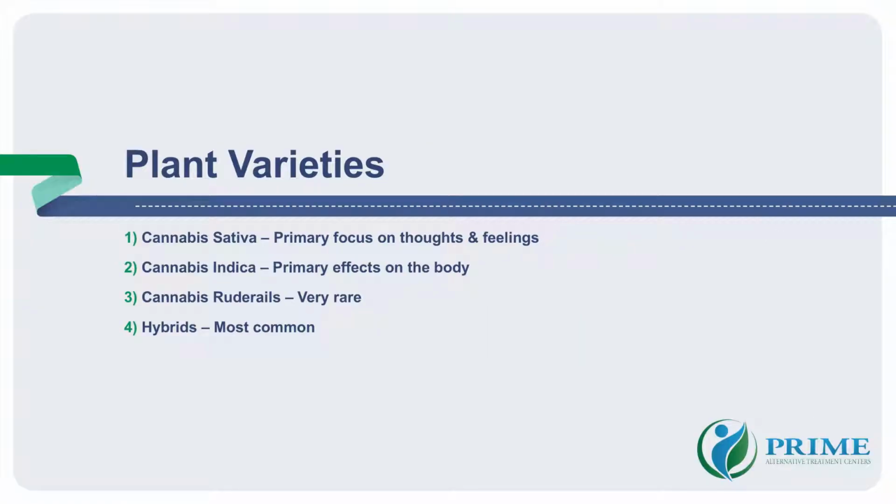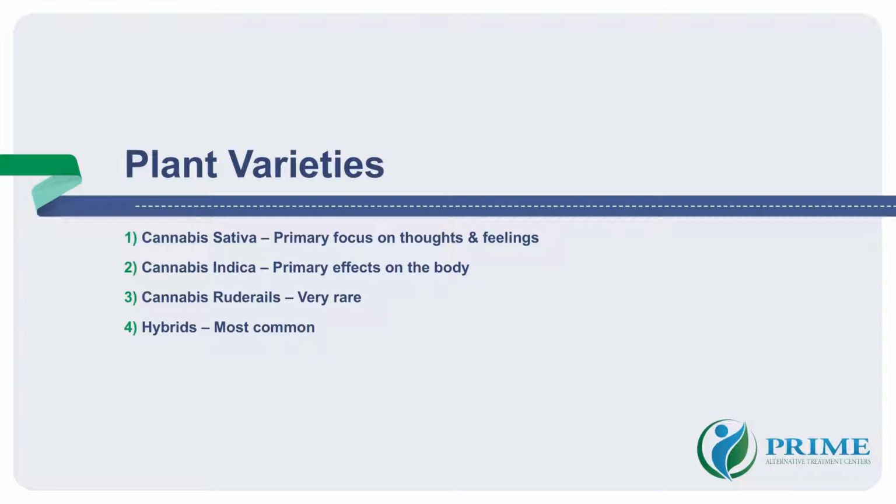Though cannabis is biologically classified as a single species, Cannabis sativa, there are at least 3 distinct plant varieties: Cannabis sativa, Cannabis indica, and Cannabis ruderalis. This third type is quite rare. More commonly are the hybrids, which are crosses between sativa and indica varieties.